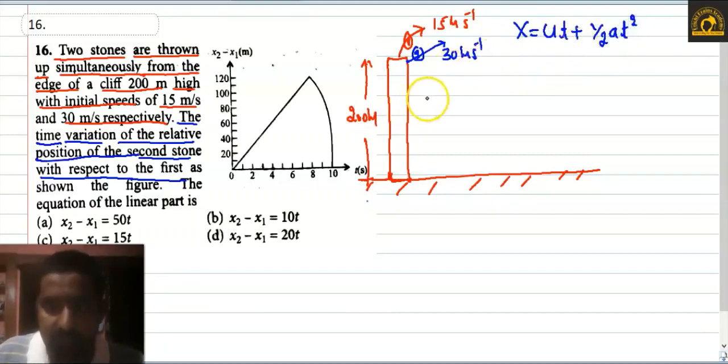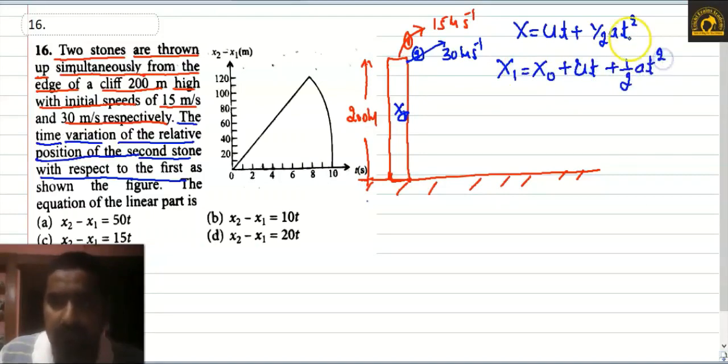So x1 is equal to x0 plus ut plus half at square.